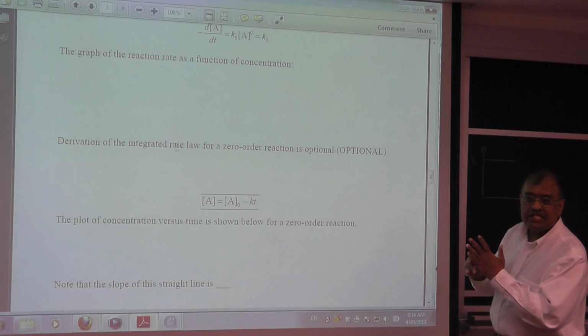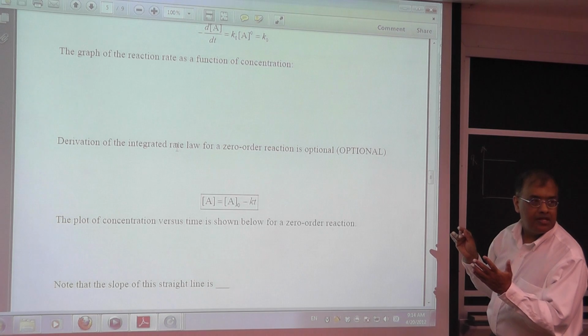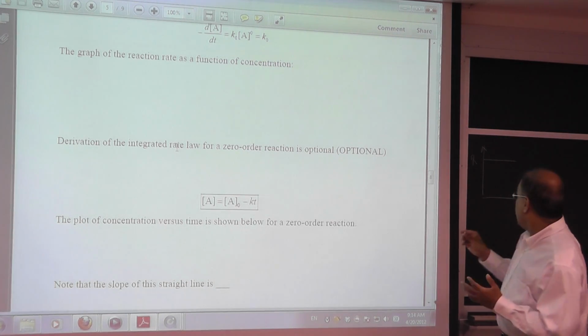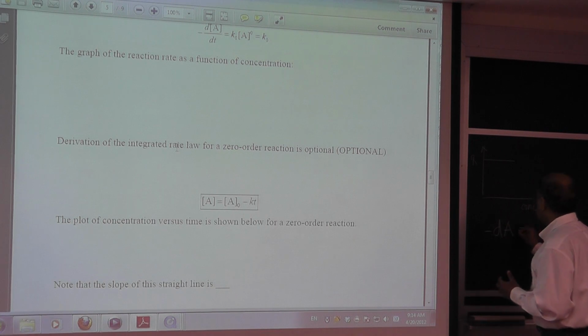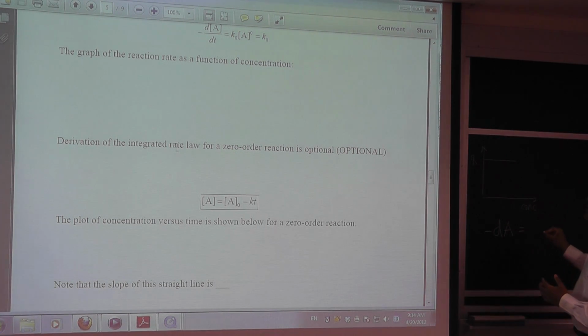You want to do a separation of variables. Okay, and you can then write minus dA is equal to k sub 0 dt. And now I'm going to integrate this. And if I integrate this, what do I get?